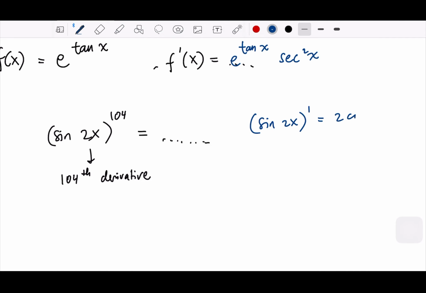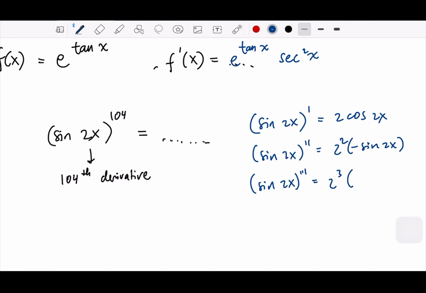This will be 2 cos 2x. And then let's say we have the second derivative, we have 4 and then minus sine 2x, right? Or if you would like to see the pattern, we are going to have this form. And then the third time, minus sine becomes minus cos 2x.